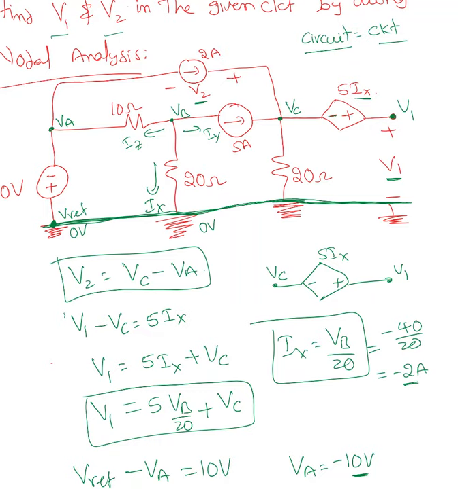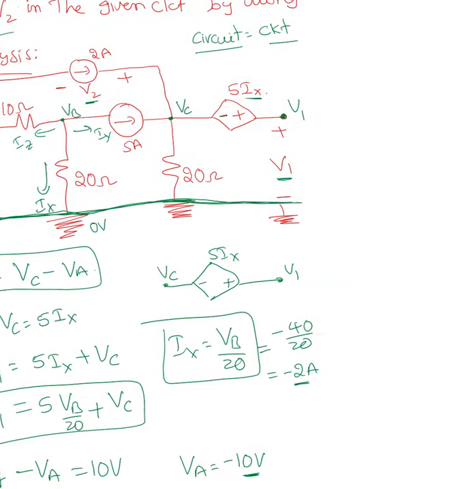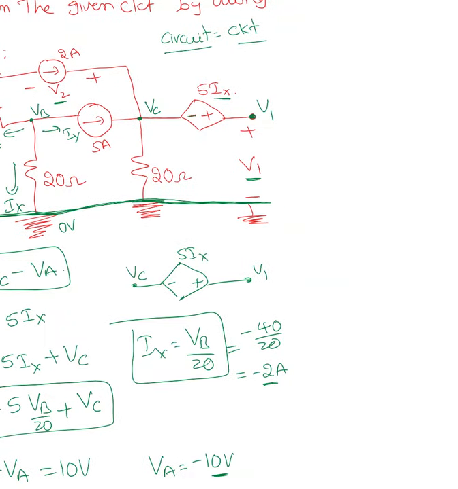Okay, now at VC apply KCL. I'm going to use the side notes here. So if I apply KCL at VC, I'm going to choose every current as going out: I1, I2, I3, I4. What is I4 in this case?